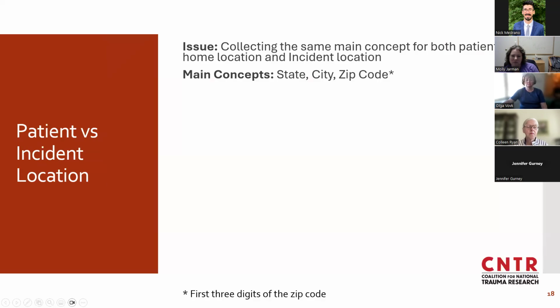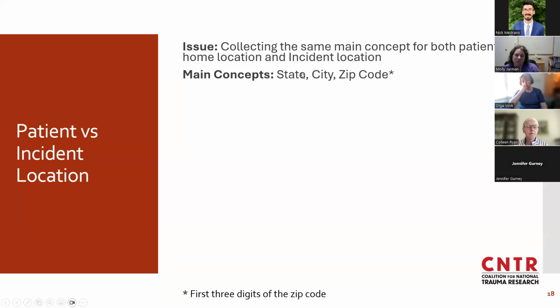The last one, I would say, is the most complex one. I left the complex one for the end. We had patient as well as incident locations selected from this group. So that includes patient home state, city, zip, as well as incident state, city, zip.